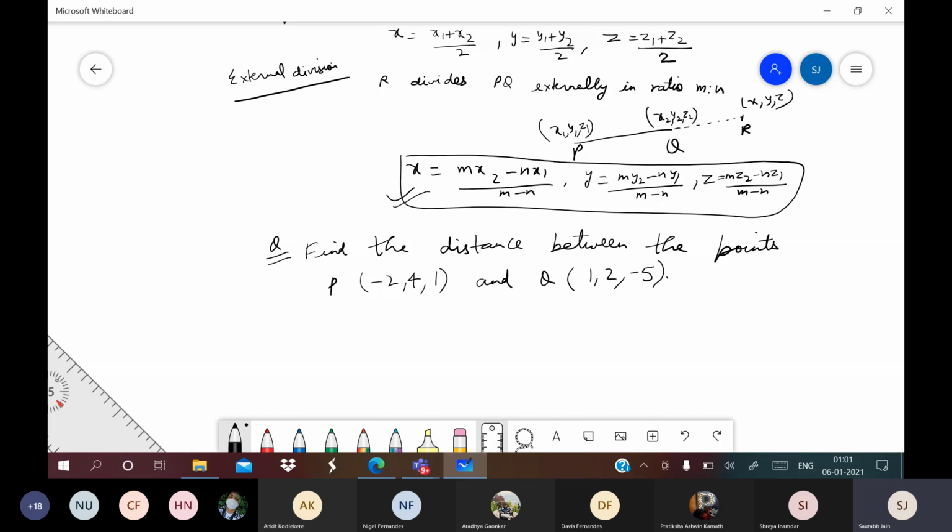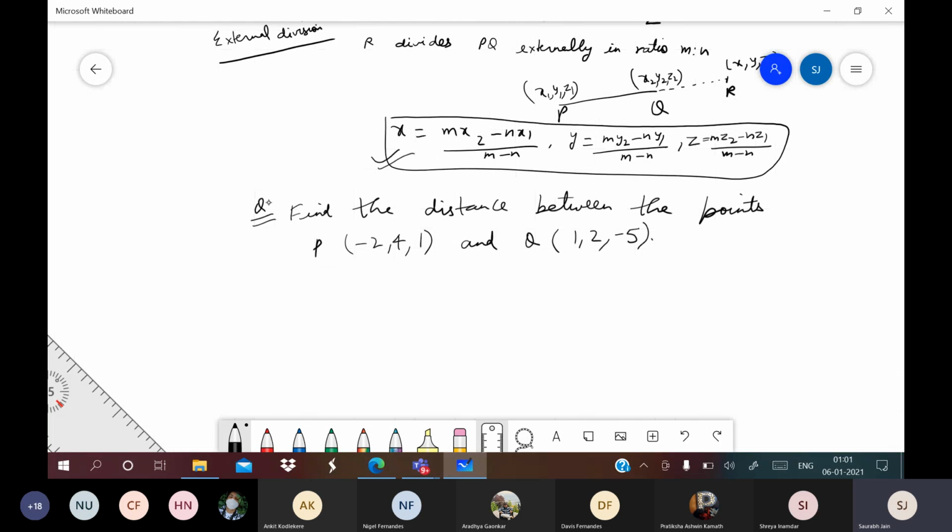Solve these questions very quickly. Do not take much time. Just hurry up. Tell me what is the answer of first question.